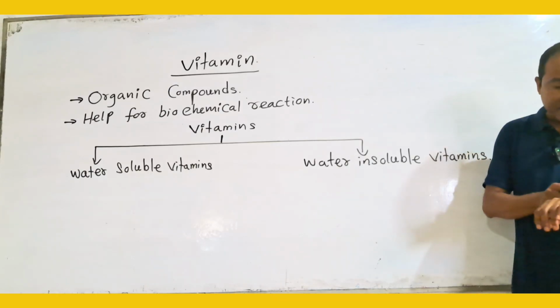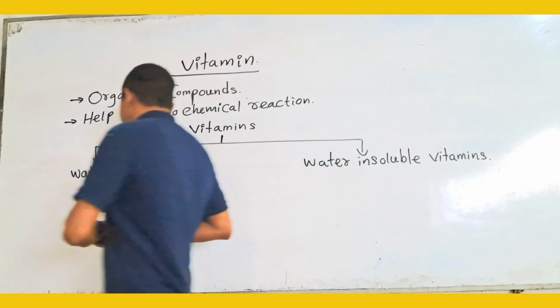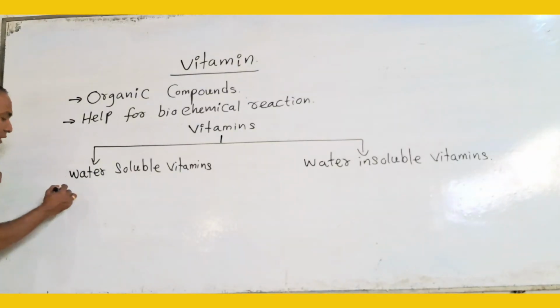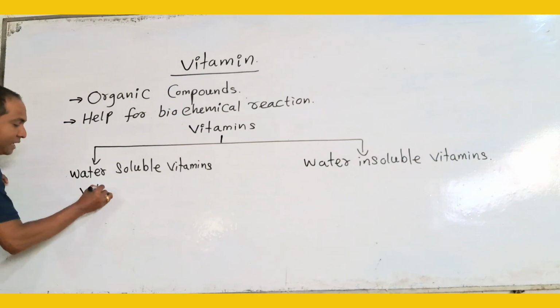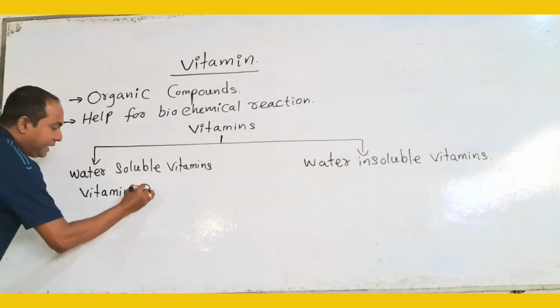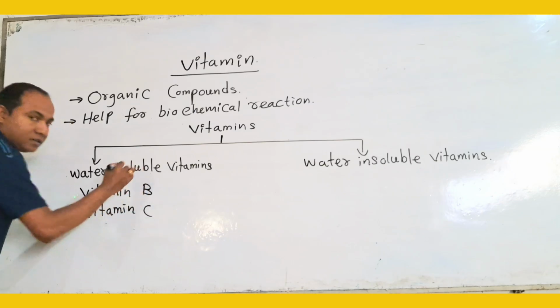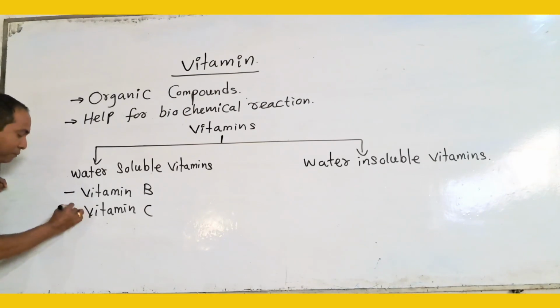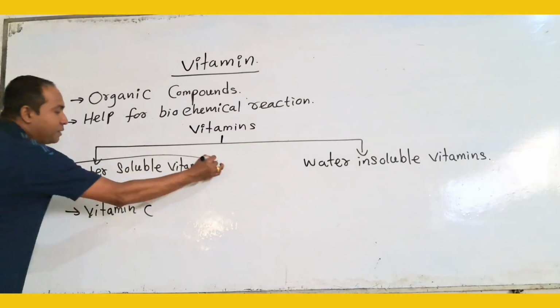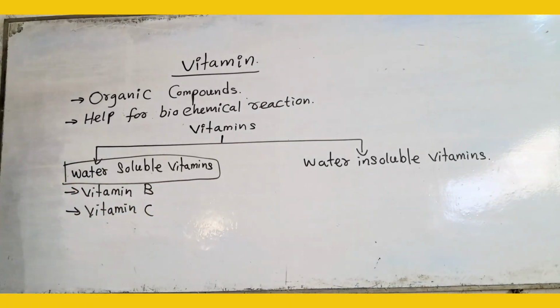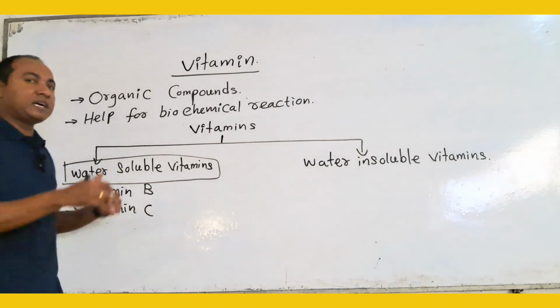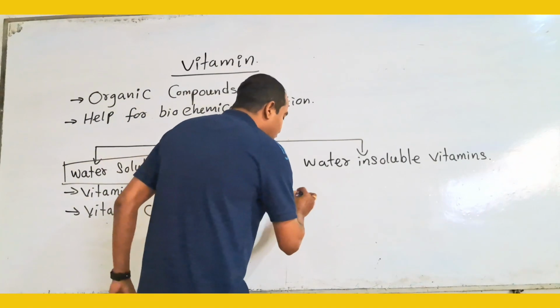What are the examples for the water soluble vitamins? Vitamin B and vitamin C are the examples for the water soluble vitamins. So what are the examples for the water insoluble vitamins?